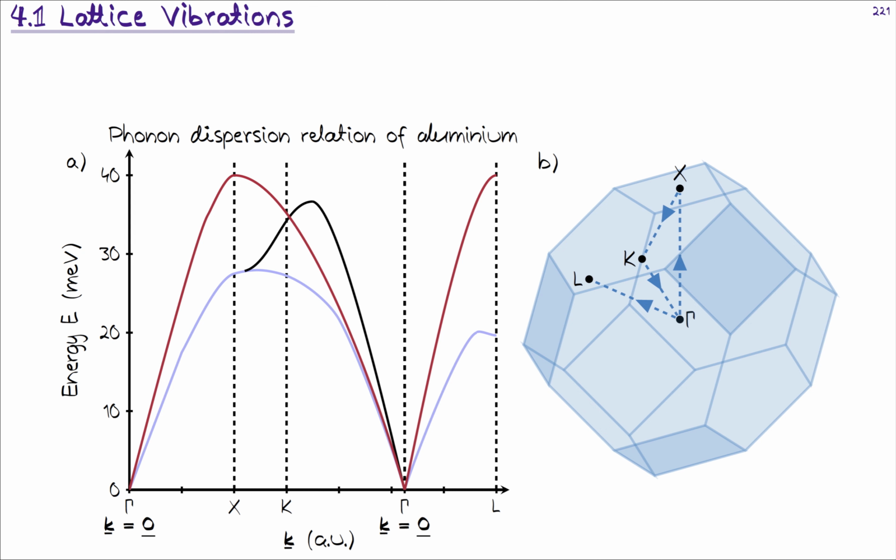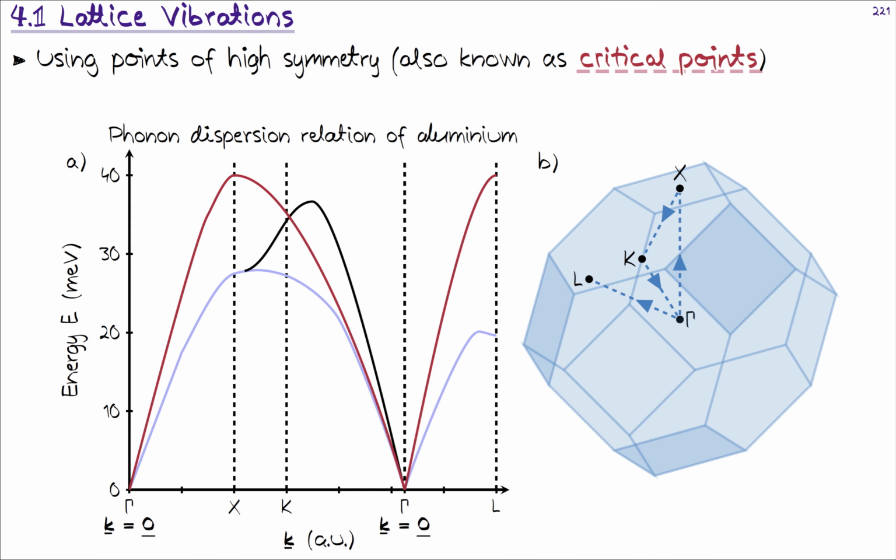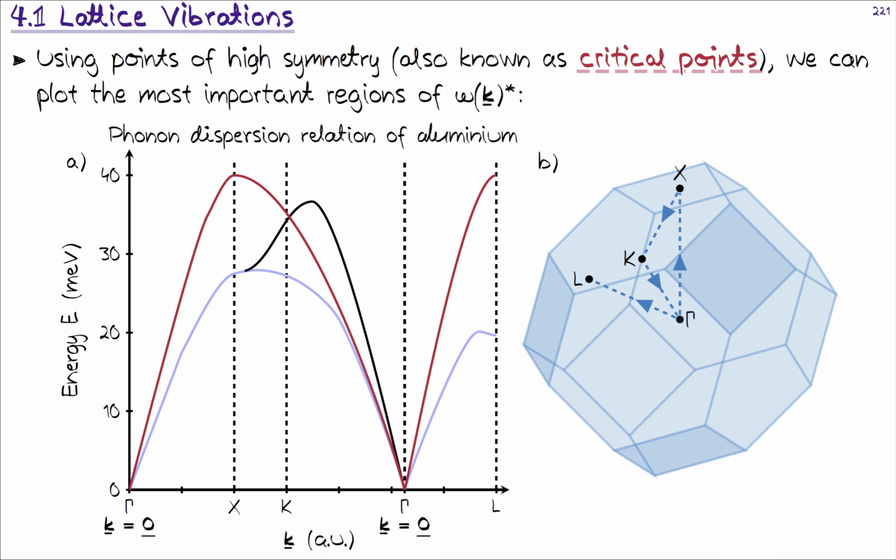And here I'm now plotting an example dispersion relation using these critical points, so points of high symmetry. We can now plot the most important regions of the dispersion relation. And this is for aluminum. Please remember, aluminum forms a monatomic lattice, so we do not have optical branches. We only have the acoustic branches.